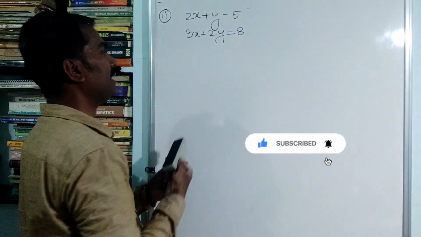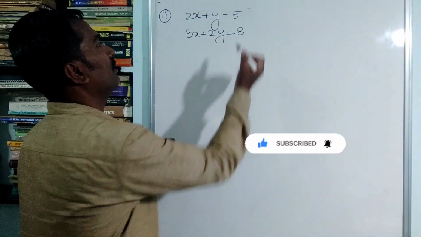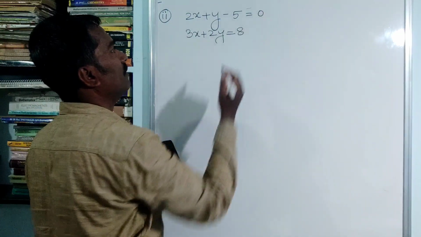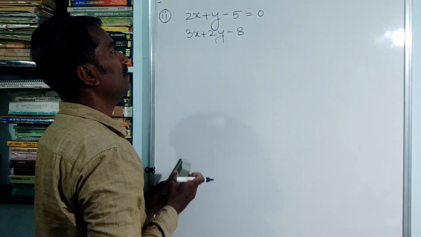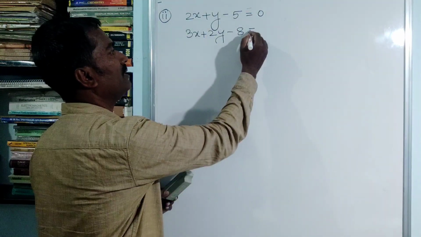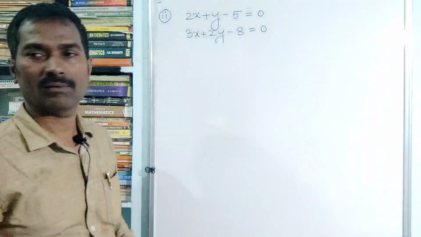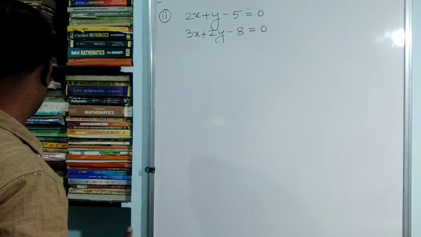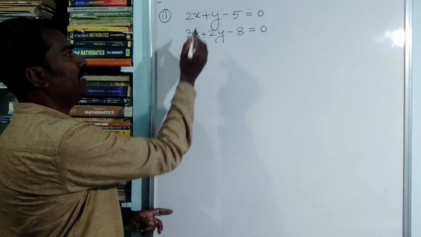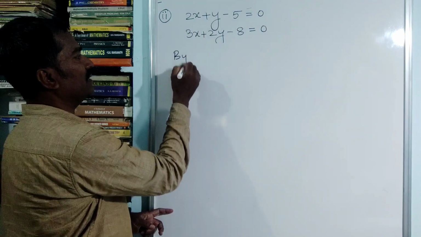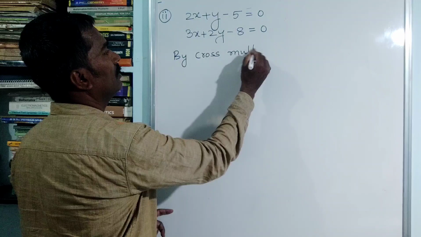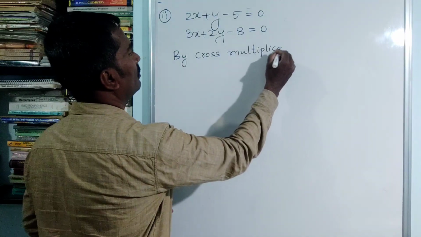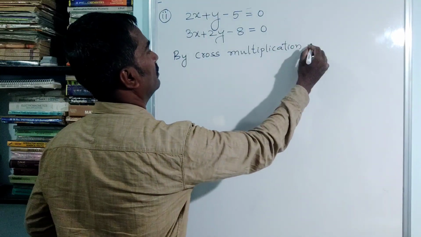For that I will write it as 2x plus y minus 5 is equal to 0 and 3x plus 2y minus 8 is equal to 0. Now we need to write by the cross multiplication method.